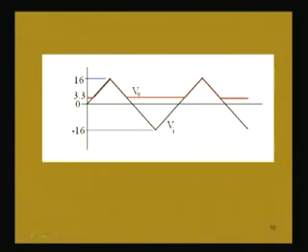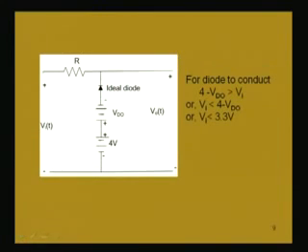So, this will be constant when the input voltage is less than 3.3, that means this is the conducting region, and when the input voltage is greater than 3.3, the diode does not conduct. When the diode does not conduct, that means input voltage is greater than 3.3, it is like open circuit, the output voltage and input voltage are equal.